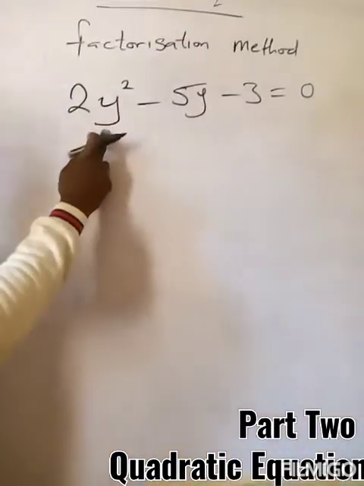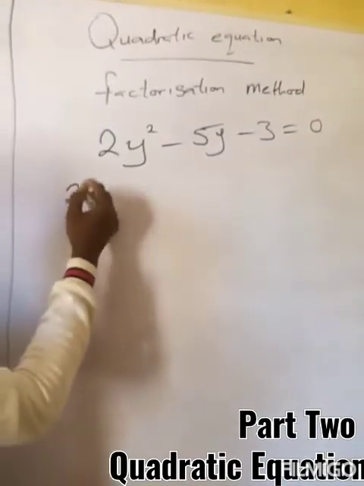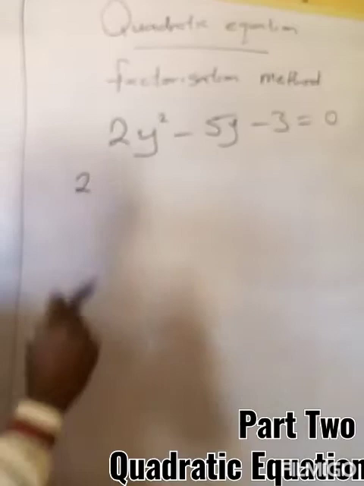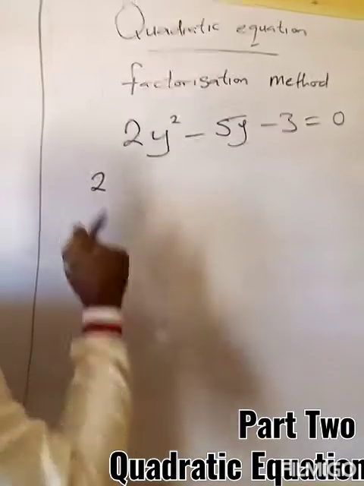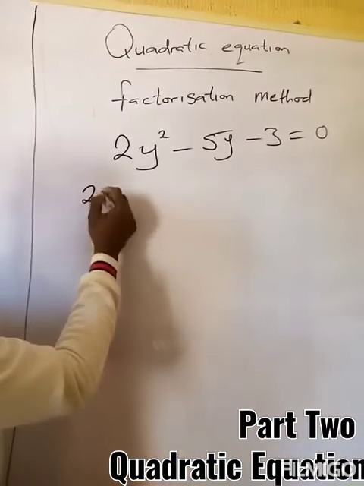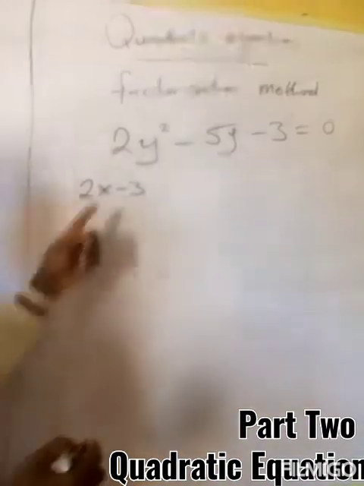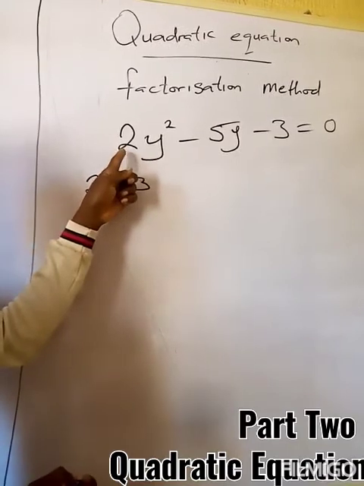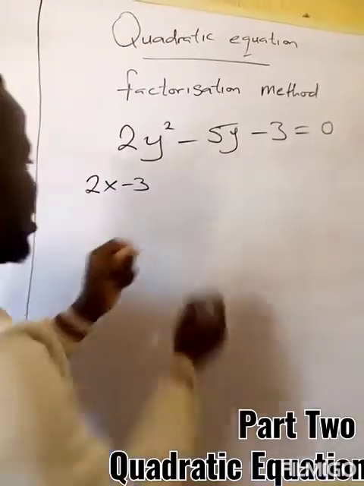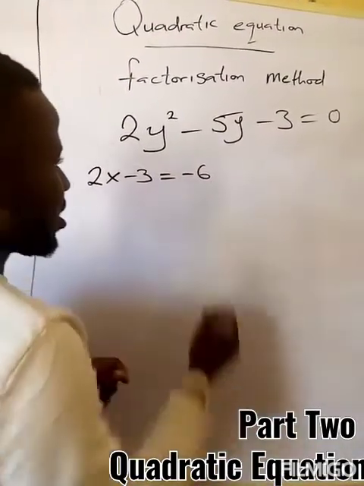The coefficient of y squared equals 2. Then we also consider the constant, which is minus 3. The coefficient of y squared multiplied by this constant will give us minus 6.